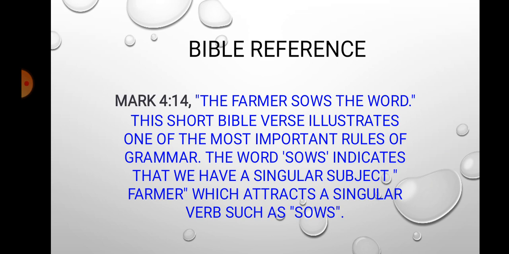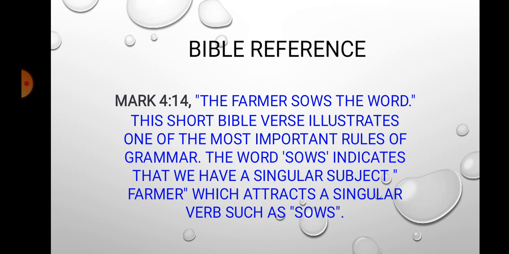The word sows indicates that we have a singular subject, farmer, which attracts a singular verb such as sows. Maybe we should now conclude by saying the first rule of grammar says that a singular subject selects a singular verb, while a plural subject selects a plural verb.